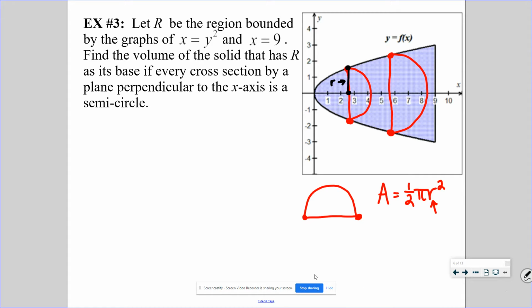And that means we would have to go back and say, well, what is y equal to? So if you were to solve this equation, y would be equal to the square root of x, correct? So the y value on the graph is equal to the square root of x.